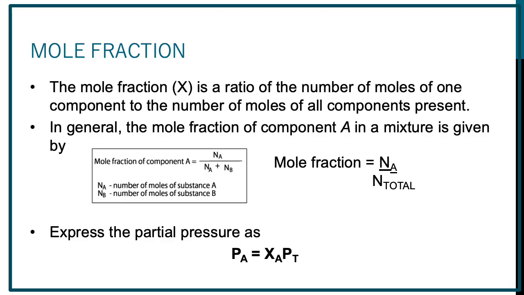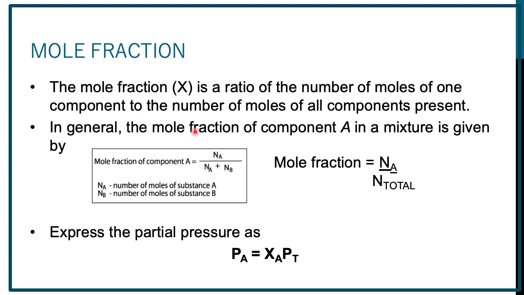Okay, now we go to the mole fraction. Actually, the partial pressure for each element inside the container depends on the mole fraction. The mole fraction X is a ratio of the number of moles of one component to the number of moles of all components present.